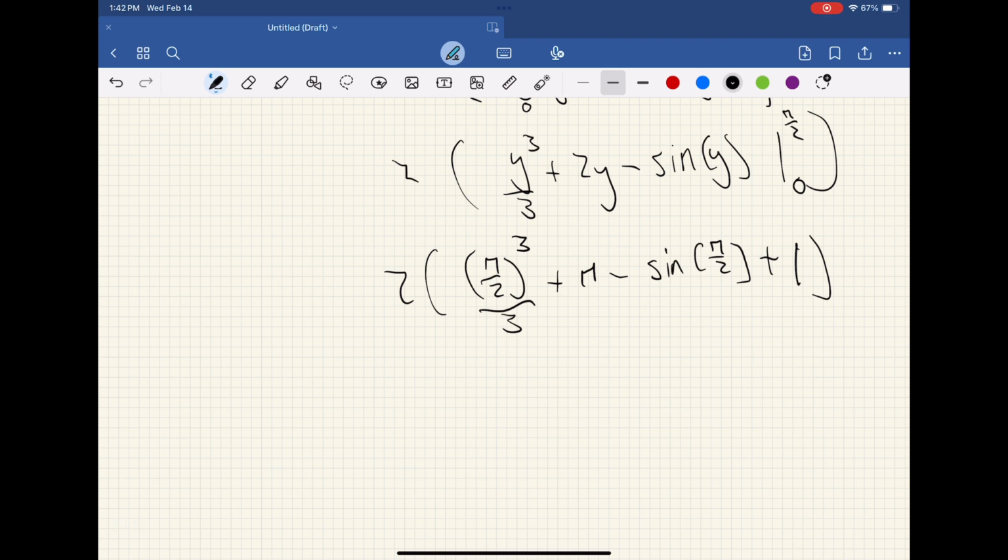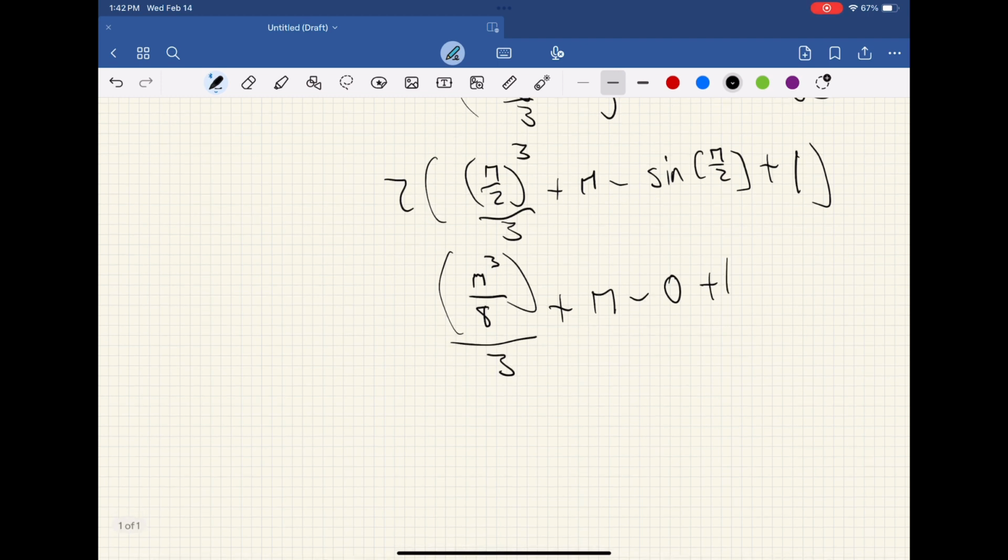All right, let's just do this math really quickly. Pi cubed over 8 divided by 3 plus pi minus 0 plus 1.